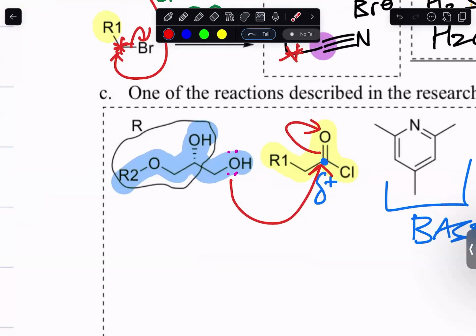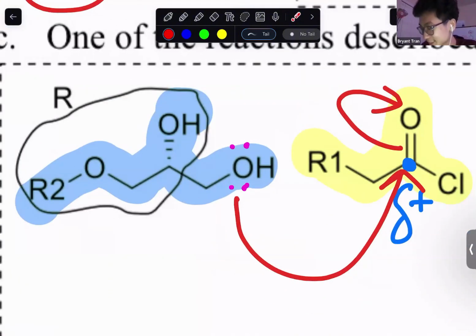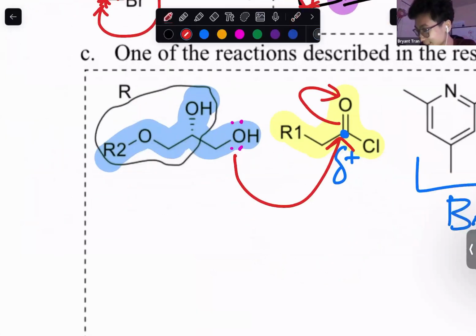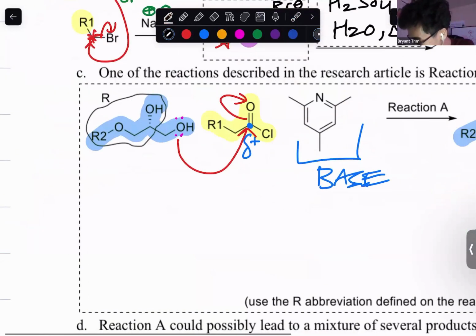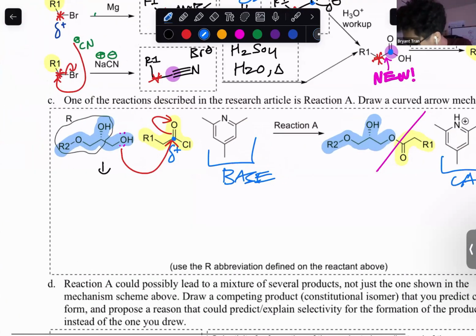And then also, would we use the base to deprotonate the oxygen? Yes, this oxygen here, because when we do this attack, what charge would this oxygen have? Let me actually draw it out and show you. I'm going to draw it in the same format as this right here.